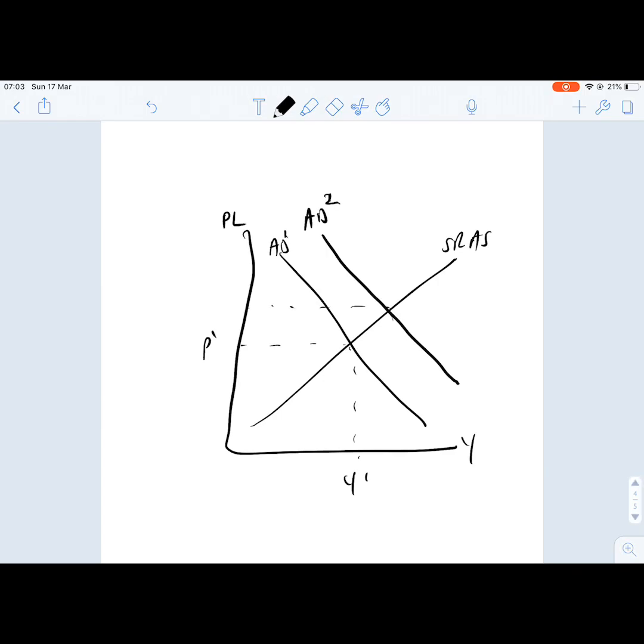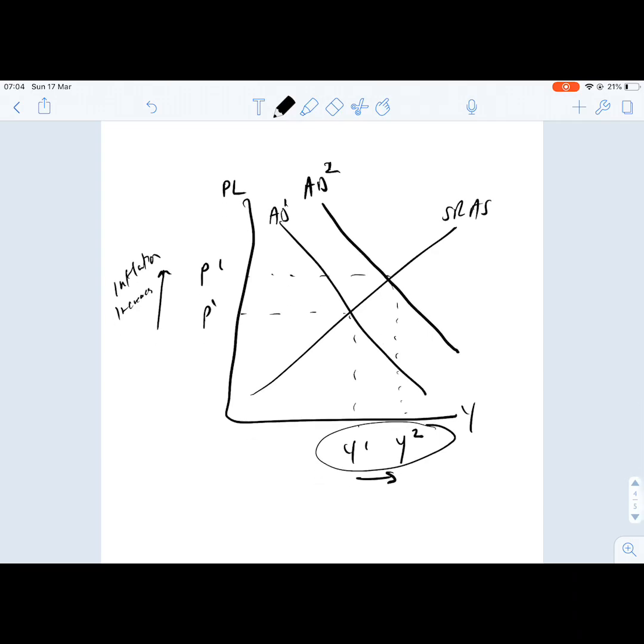Now look what happens as a result. There is inflation, so inflation increases and unemployment decreases, more people are employed. And this makes sense, doesn't it? Because firms are going to be producing more. Here, Y1 to Y2, there's economic growth. GDP has increased.